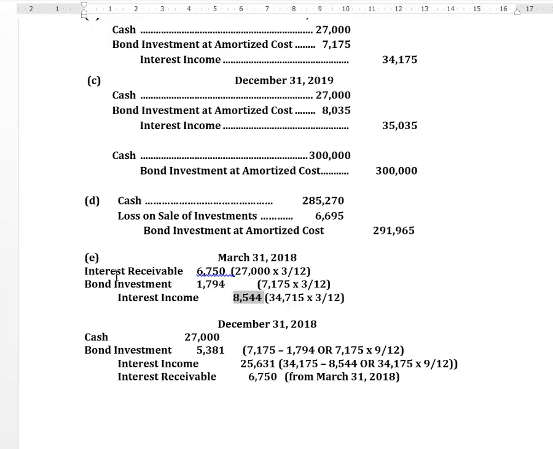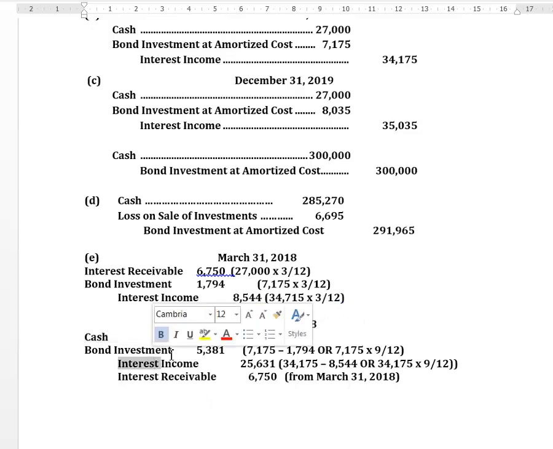So when you get your $27,000 in interest, you're no longer waiting to receive $67.50, because that's the receivable you had booked at March the 31st, but that's a part of that $27,000, right? Don't forget, you took 3/12 of that $27,000 and accrued it in here. Well, all I'm doing is saying if I'm getting my $27,000, which this is part of, then I'm no longer waiting to receive interest. So I can credit the interest receivable and debit cash.